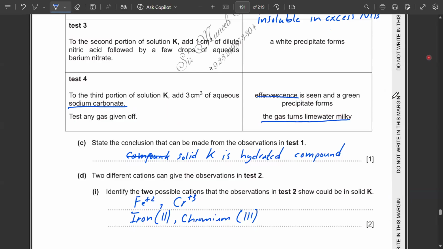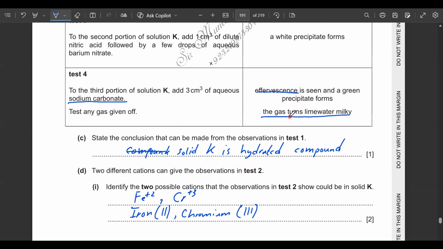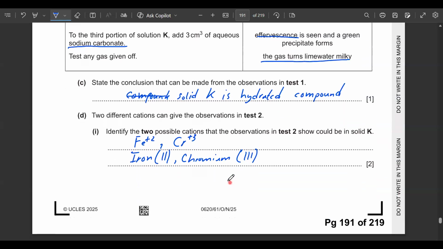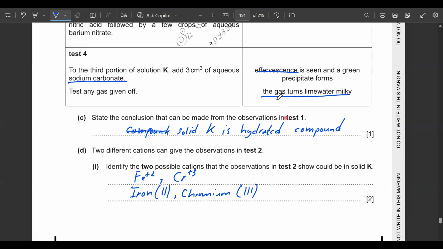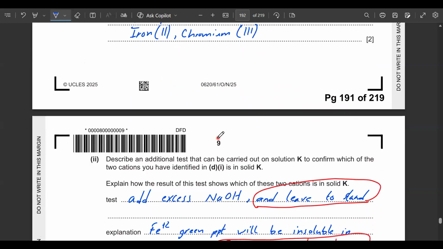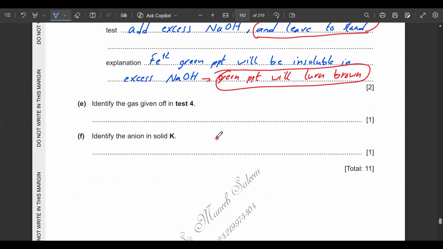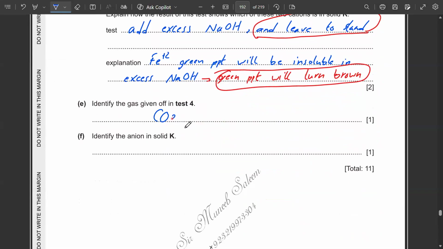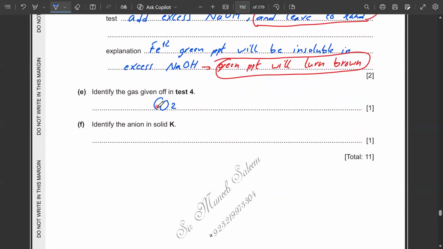Yes, students. Which gas turns lime water milky? Right. Others are not giving answers. Be active. Dioxide. Yes, carbon dioxide. So carbon dioxide is produced.